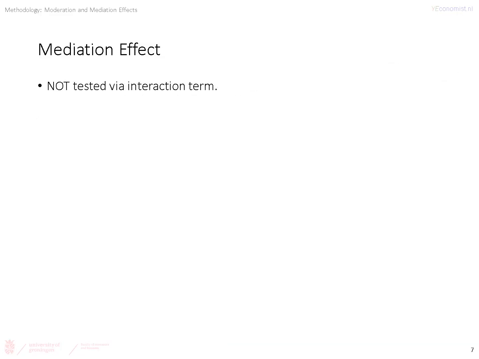The empirical estimation of a mediation effect is very different from the moderation. It is not tested through the interaction terms, but we normally need to perform multiple regressions in order to check the mediation effect. The idea behind the test of mediation is that the most important element affecting y is the mediator q, and it is not the variable x itself.